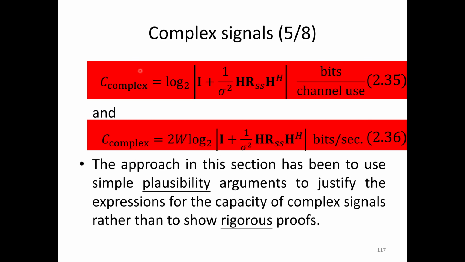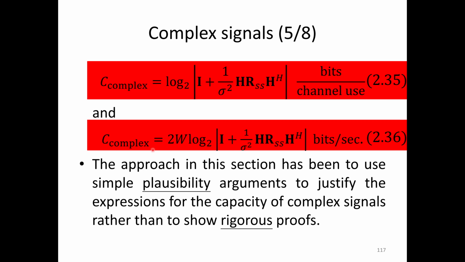First, C complex, if the unit is bits per channel use. The capacity for a complex signal is log 2, and you can find that the factor 1 over 2 disappears: log 2 of the determinant of I plus 1 over sigma square times H R_SS H Hermitian. You can see that the transpose is replaced by the Hermitian.